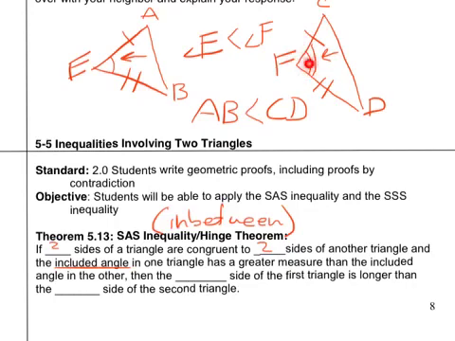So here, this one has a greater measure than the in-between angle here. Then the third side of the first triangle, my first triangle being on the right, is longer than the third side of the second triangle. Bam. That's it. Let's go to the next page.